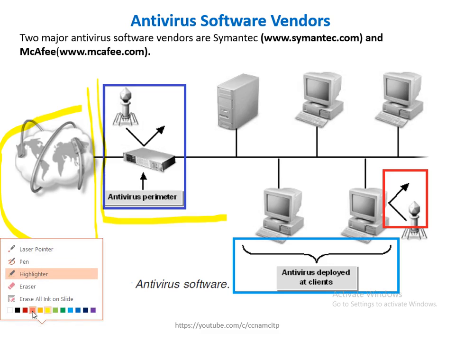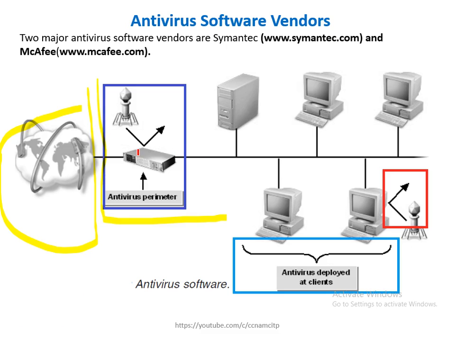Now I have one gateway here, so I can deploy the same antivirus software here, because this is the entry point to my network. And I have this antivirus server here on my LAN, for example Symantec Endpoint Protection.